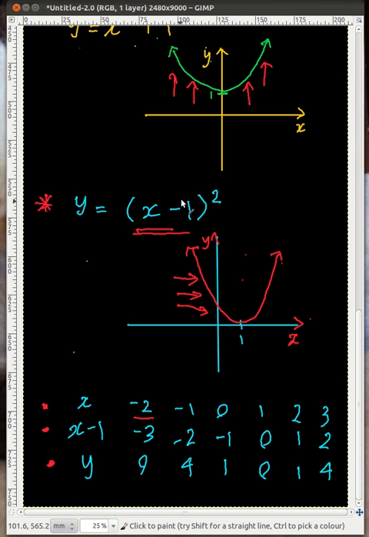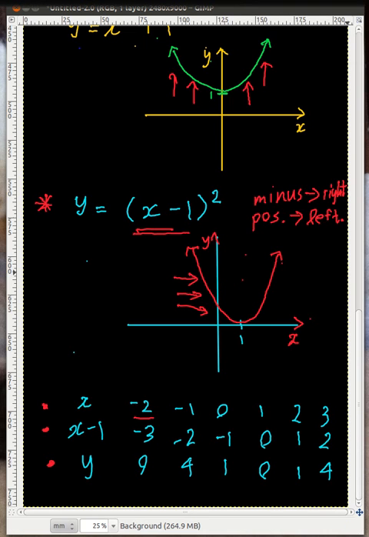So a minus value means shift to the right, and a plus value means shift to the left. If I had x plus 1, it would mean shift to the left. Okay, we'll stop the tutorial over there and continue the rest of it next time. Thank you.